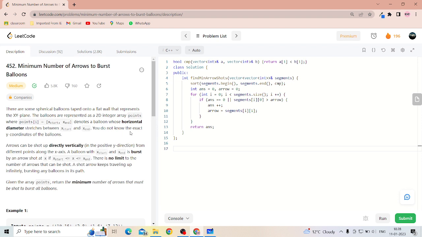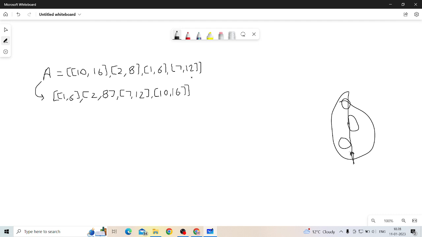So what is the approach? What we can do? This is the array. We have to burst all balloons, but with the minimum number of arrows. So first we will sort the array. In which manner?